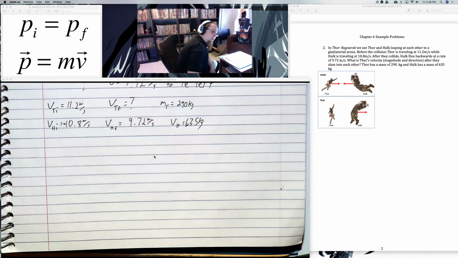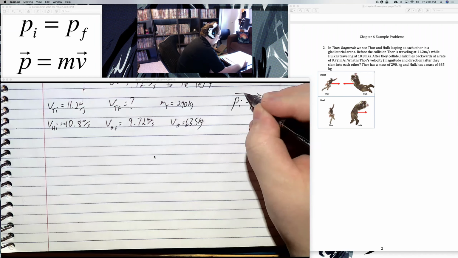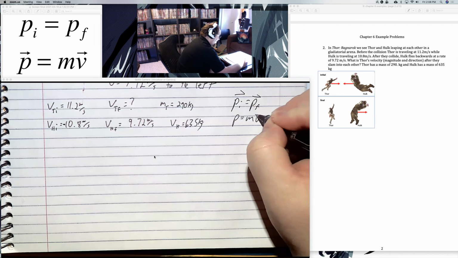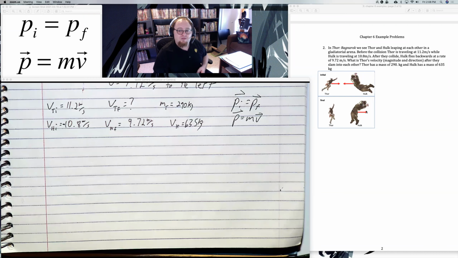Now, if I want to solve this, I have to follow the same logic. I'll say initial momentum equals final momentum, where momentum equals mv. Basically exactly the same thing for the initial. The initial hasn't really changed at all. But in the final, they're not stuck together. I have Thor moving, I have Hulk moving. And so what I'll do is I'll just treat them separate.